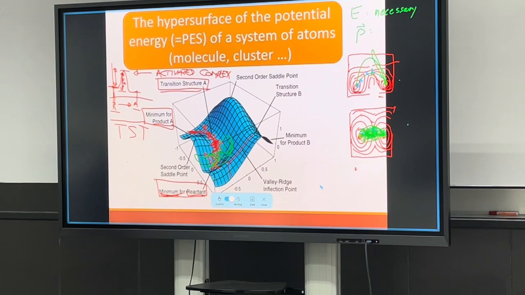I have a question. Yeah? About the momentum. Is this the momentum of the particles?